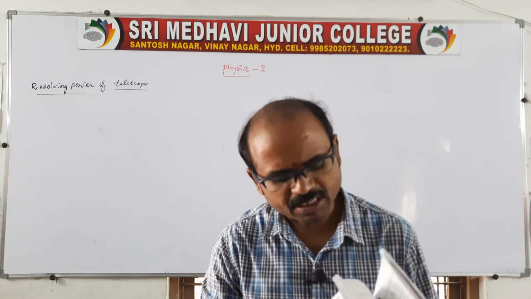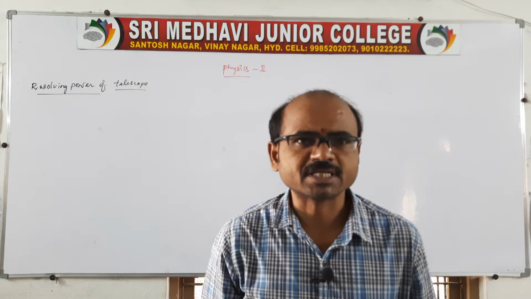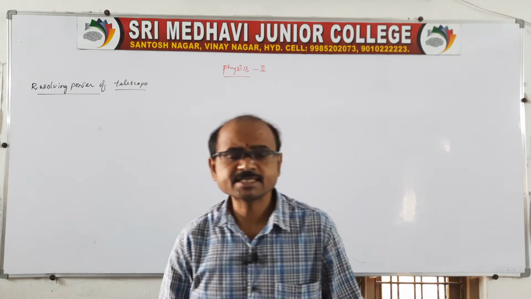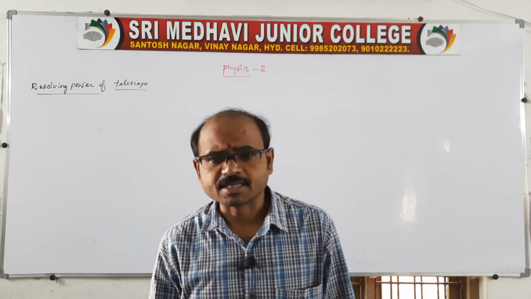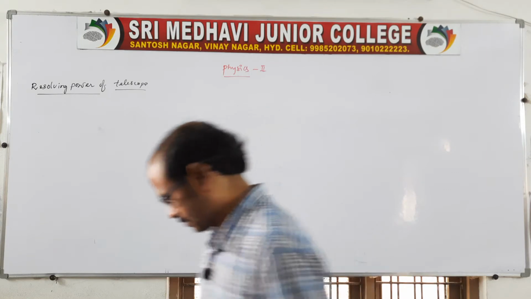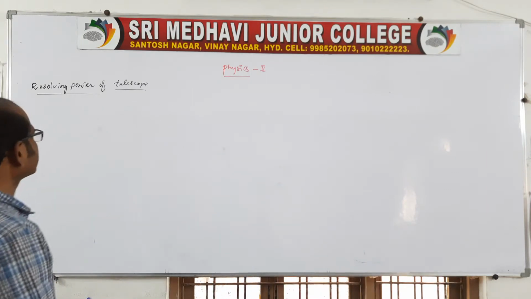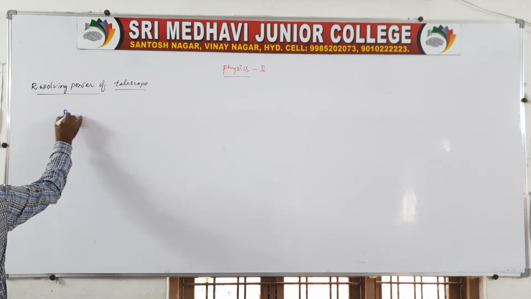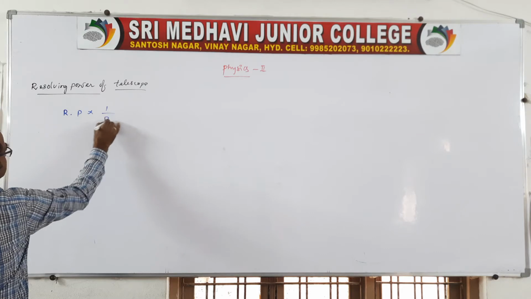Sir, what is meant by resolving power? See, it is the reciprocal of the resolving limit, that we can call resolving power. For the resolving power of a telescope, first of all I would like to tell you about a telescope. Resolving power is inversely proportional to the resolving limit.